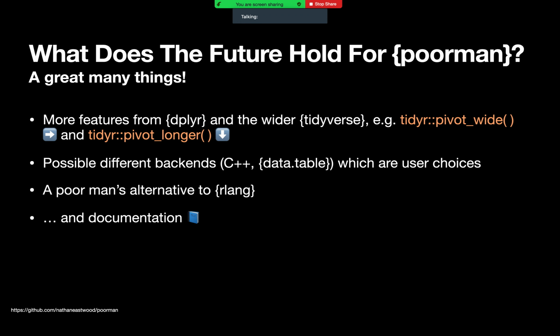So, what does the future hold for poorman? I've been developing poorman since February now. Ultimately, I plan on just chipping away at the features from dplyr, but also bringing in features from the wider tidyverse. So two in particular that I'd really like to bring in are pivot_wider and pivot_longer from the tidyr package.